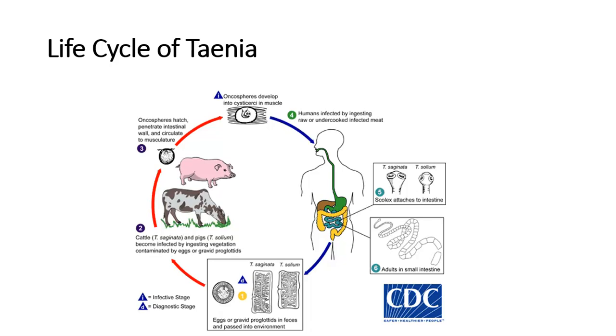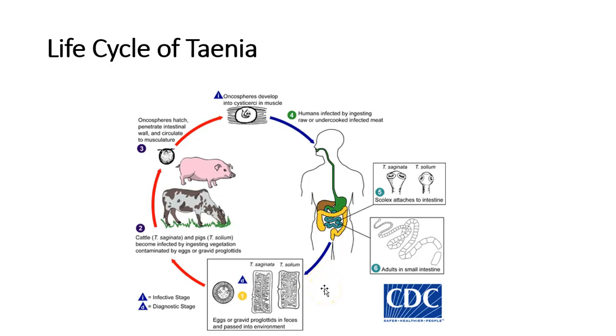And so what happens is the cyst forms, and basically that cyst penetrates into the musculature of the particular animal, and you can see it. And that animal becomes infected by ingesting vegetation contaminated with the eggs or the gravid proglottids. And then you can see this is the infective piece, and then we can pick it up.